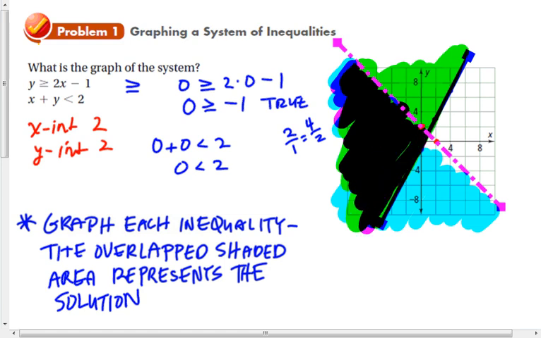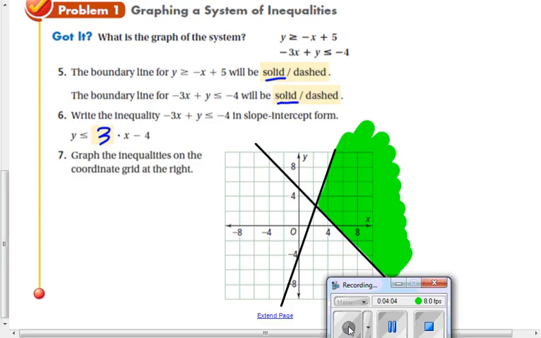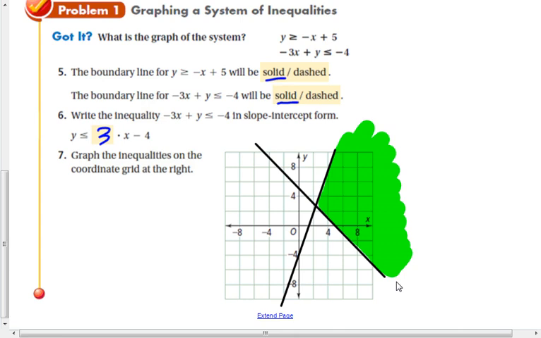So it's just that region right there. That is the common solution. All right, you try that. This one, you didn't see all my shading here, but you should have the region that is overlapped shaded area is the area that I've shaded in green.